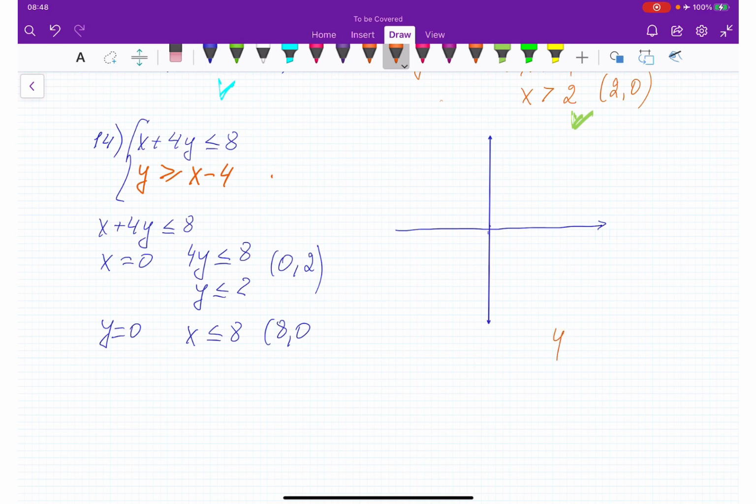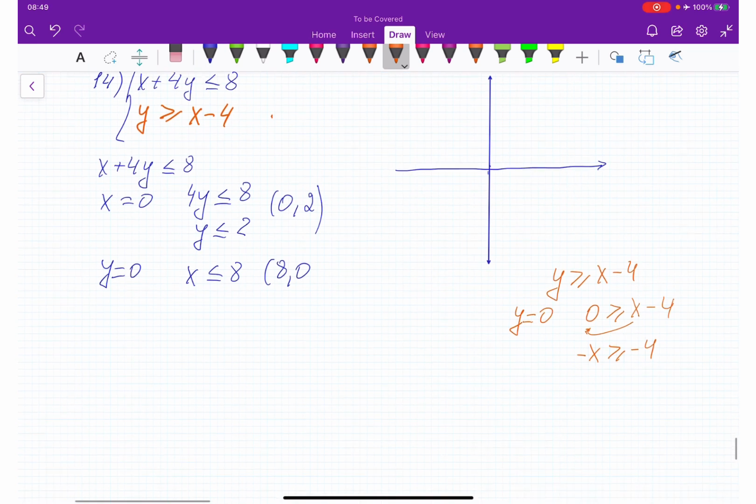Y is greater than or equal to x minus 4. Okay, y is equal to 0, then we get 0 greater than or equal to x minus 4. So I move negative 4 here, or I can just move x. Move x here, it's going to be negative x greater than or equal to negative 4. All right, so dividing by negative 1, this will also flip, and we get x is less than or equal to 4.